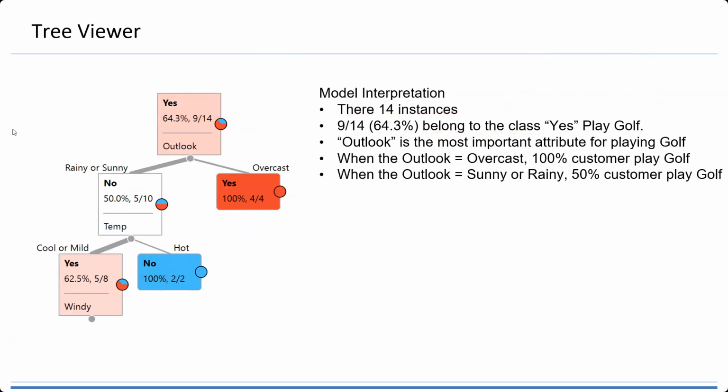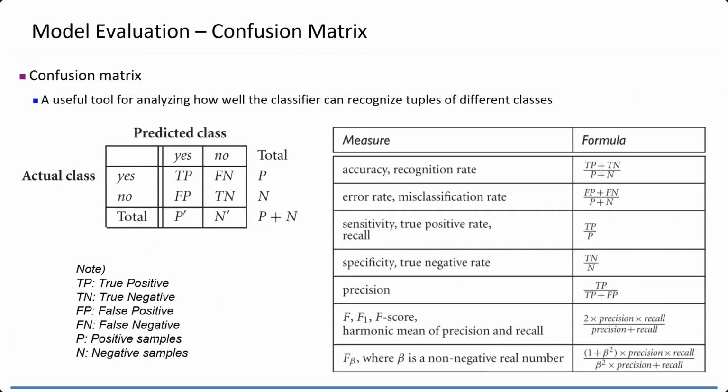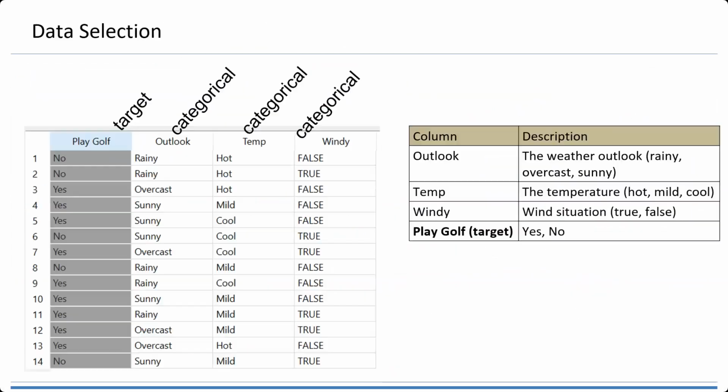Now, at first, you can see this. What is this one? Outlook. This is the attribute name. You still remember? We have the data, this one.